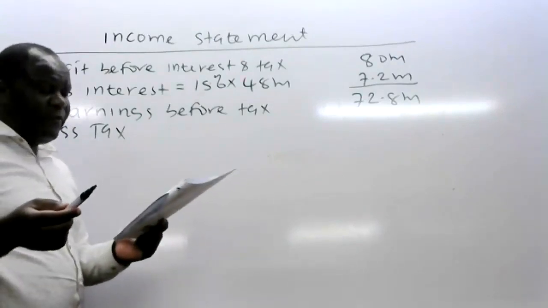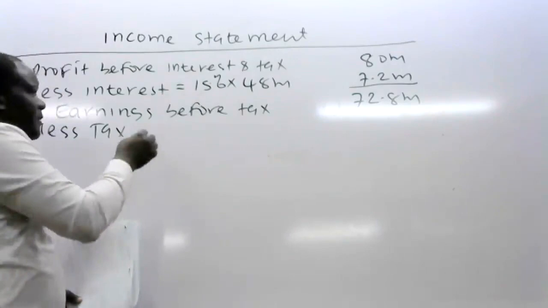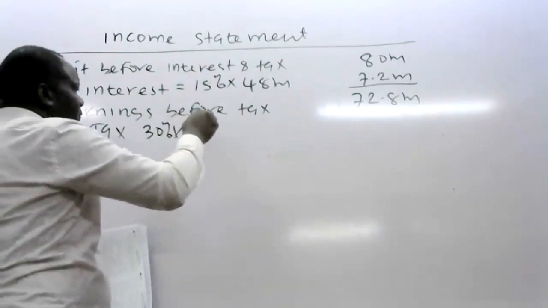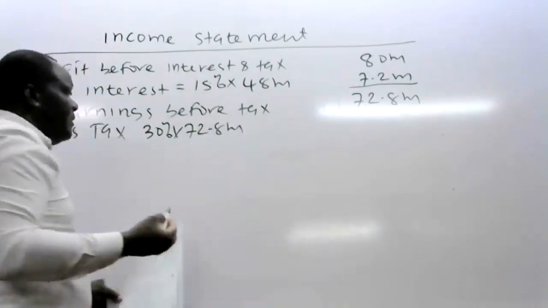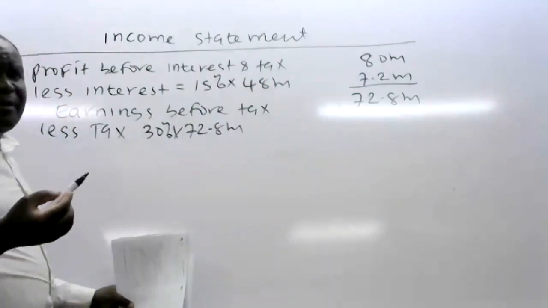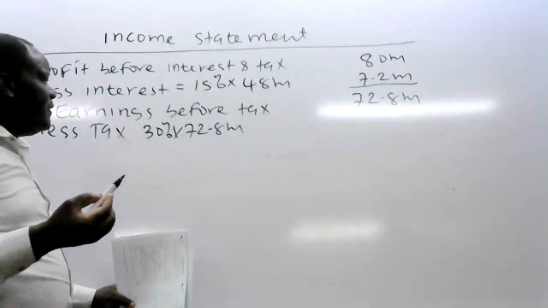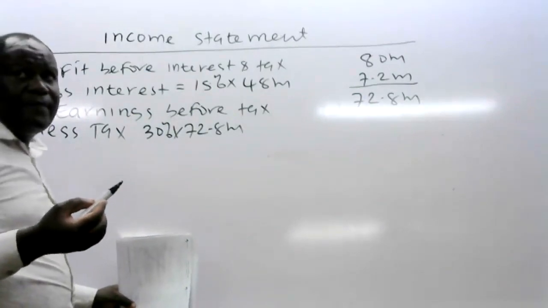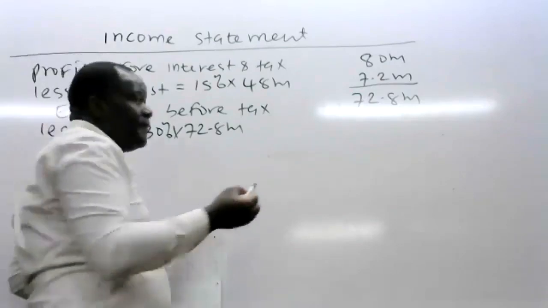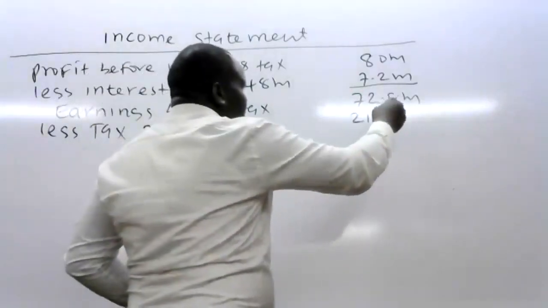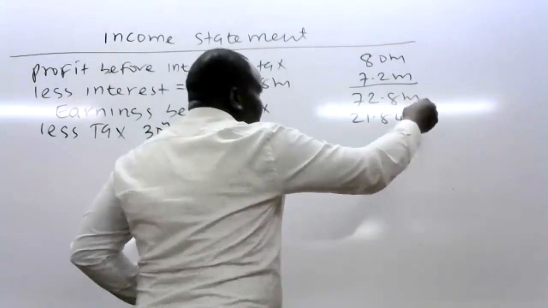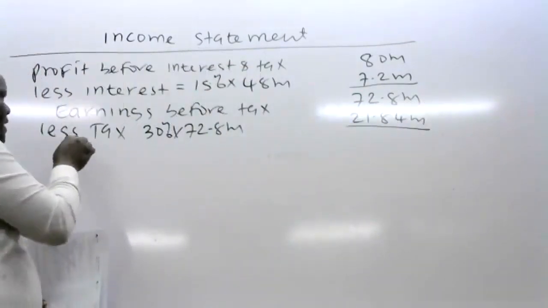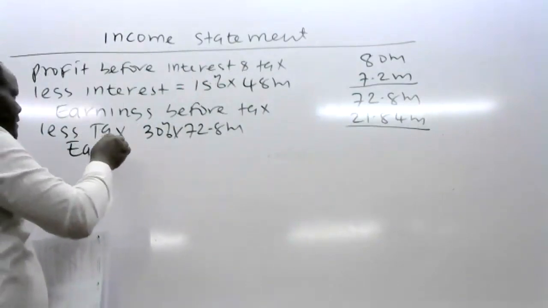You can see before required. So we get 30% of 72.8 millions, which is 21.8, so that we now get the earnings after the tax.